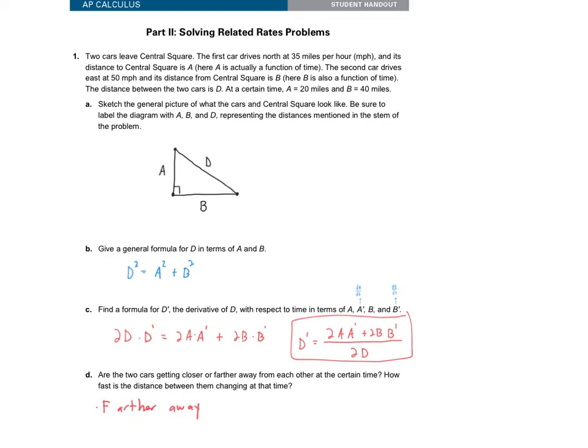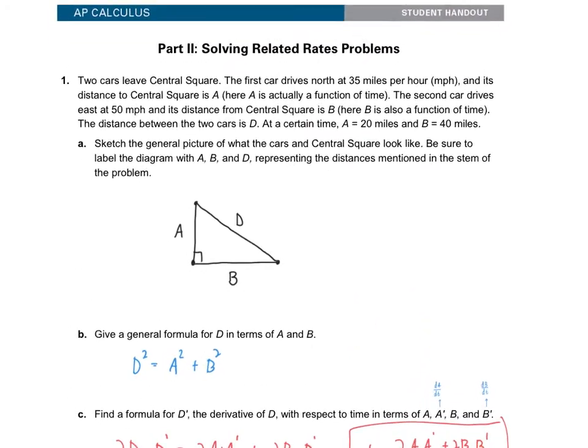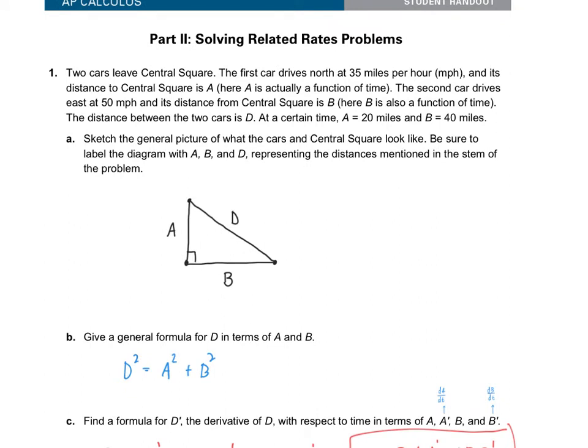So let's go up here and label everything we know, writing it all down to organize it. The first car drives 35 miles an hour north, so as this car goes 35 miles an hour, this distance changes at that rate. So A prime is 35. Same idea, B prime is 50, since the car is moving 50 miles per hour east.